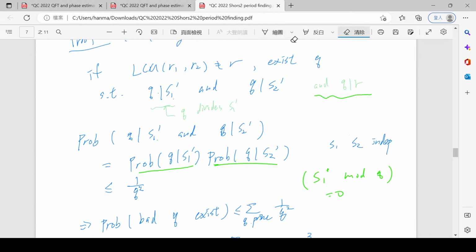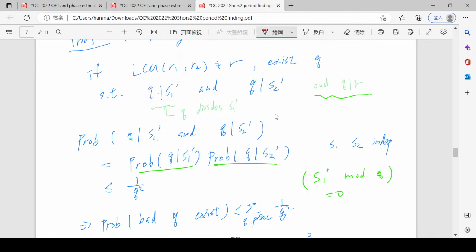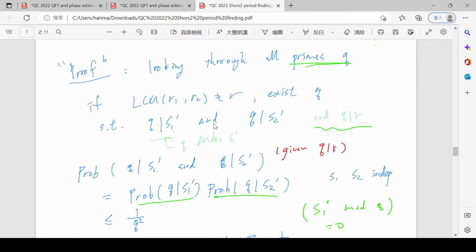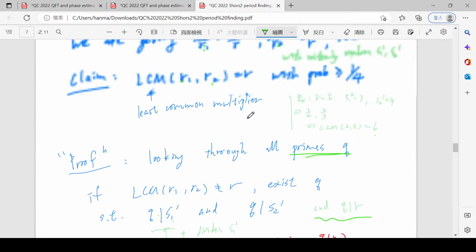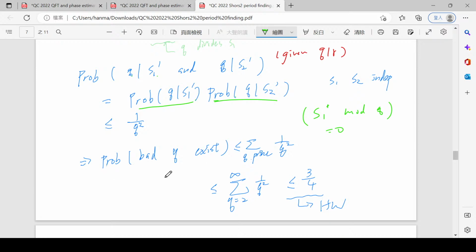Let's have a red here. So this is given Q dividing R. But that's just one Q. We want to upper bound the probability, so we look through every Q. We don't really know how many prime factors R has, so we do a very crude bound.